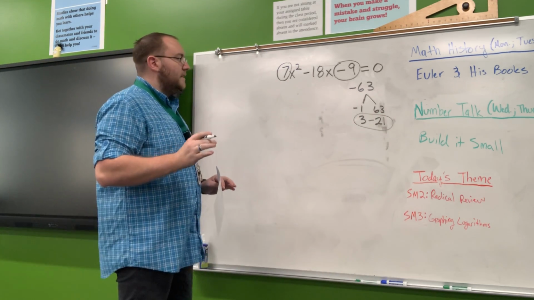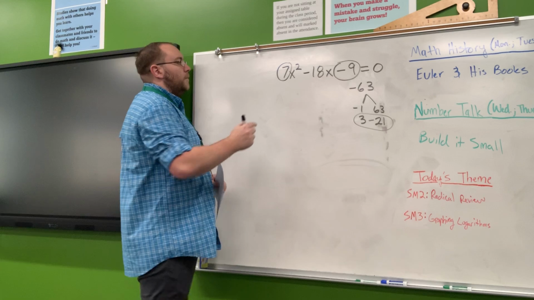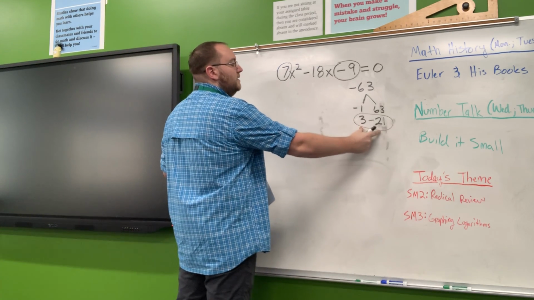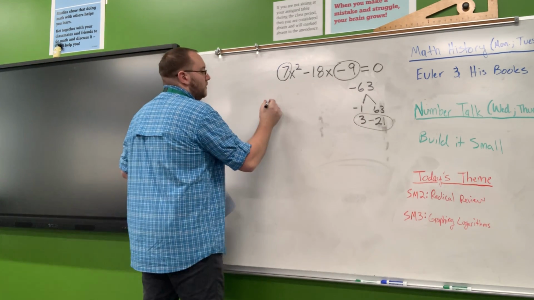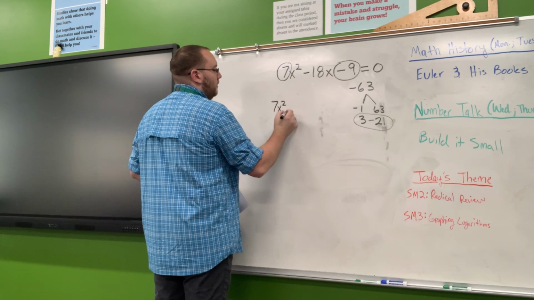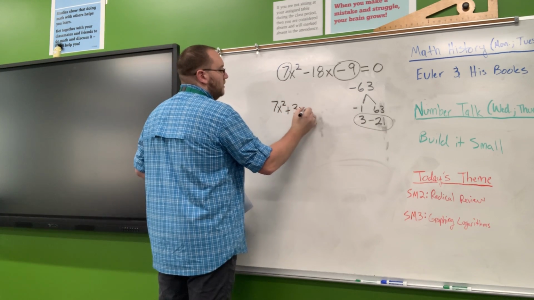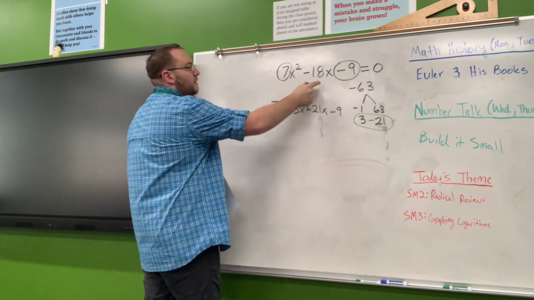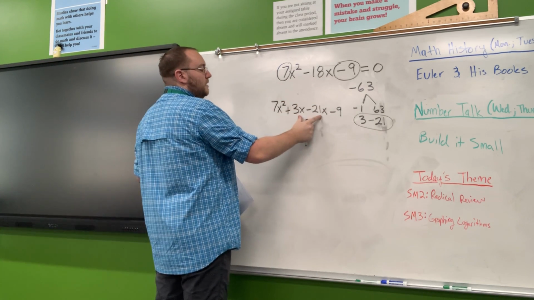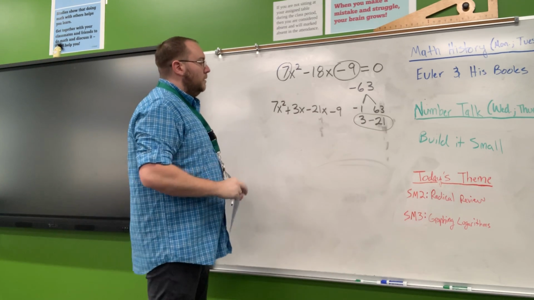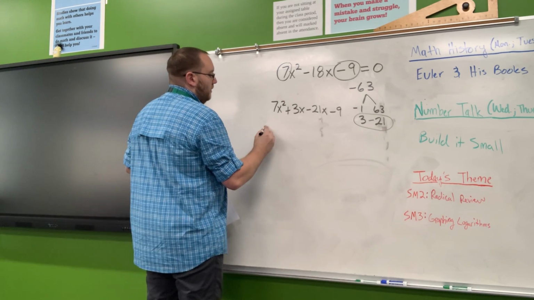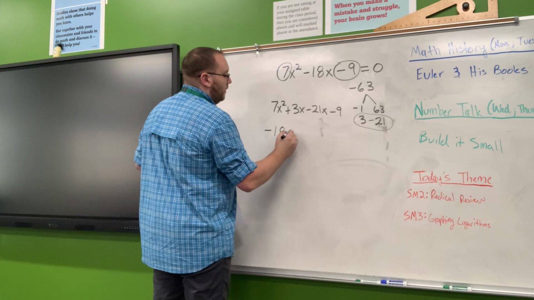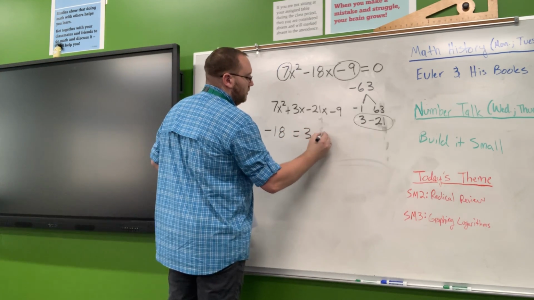Okay, and just like from the last video on the factoring, we're going to rewrite negative 18 as these 2 numbers. Okay, so we have 7x squared plus 3x minus 21x minus 9. See how we took negative 18x and we wrote it as a sum of these 2 numbers, right? Remember, I know you all agree with me with this.